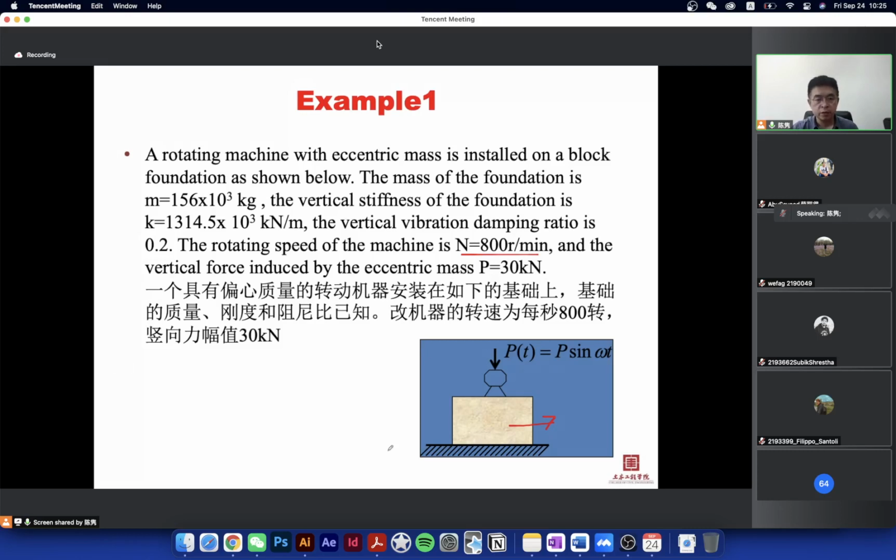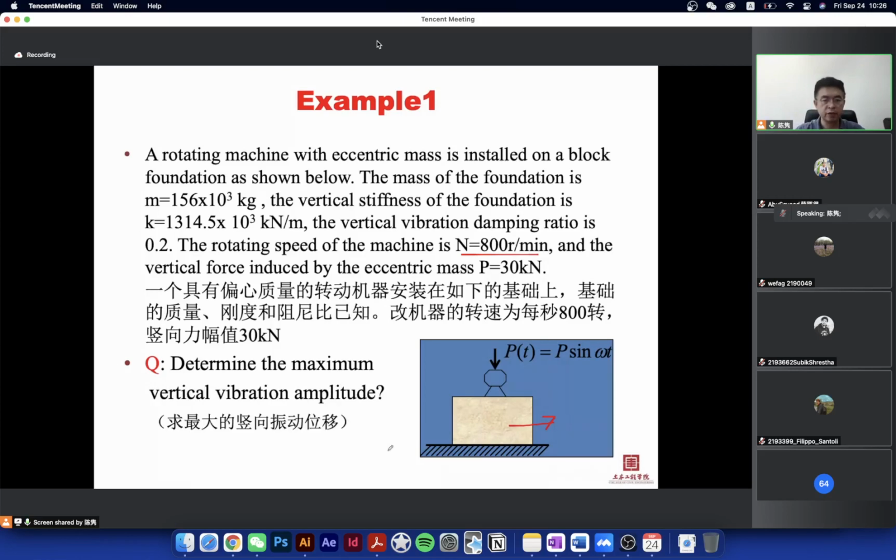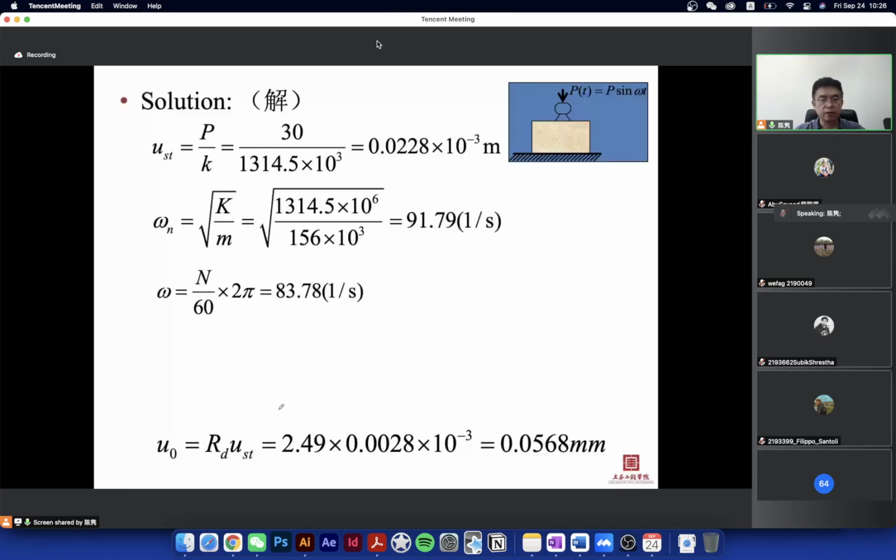So we have a question: what is the maximum vertical vibration amplitude? What is this in Chinese? What is the maximum vertical vibration amplitude? So how do we calculate this? You know this is P0 sine omega t.